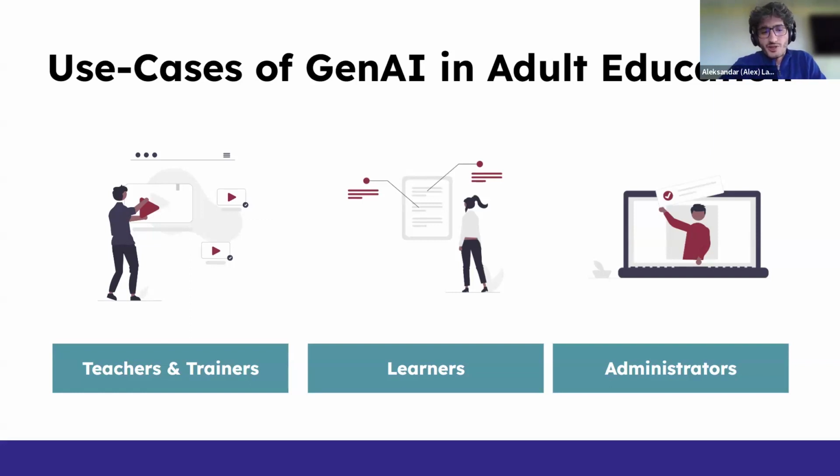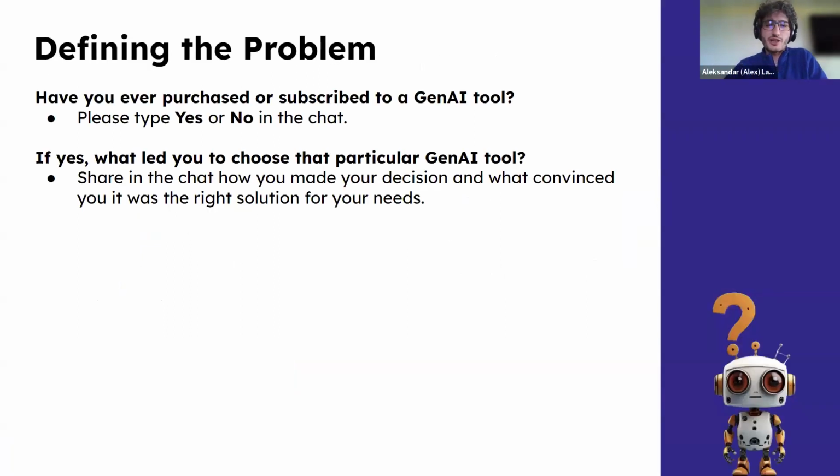And then for administrators, from some of the conversations that I've had here at the Harvard Graduate School of Education, we actually see them using it for spreadsheets, web page development, and social media posts. These are tasks that take a long time and take away from your focus of being there for students, so they're trying to automate and optimize using Gen AI.